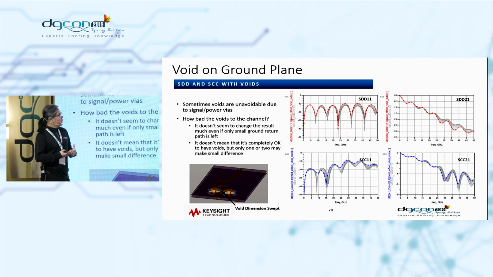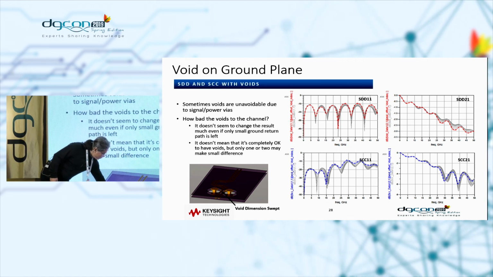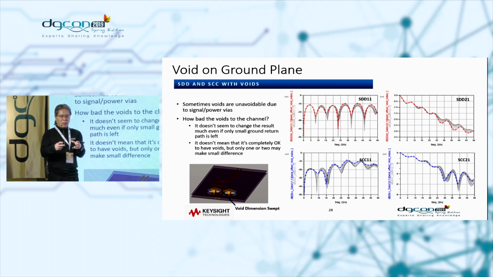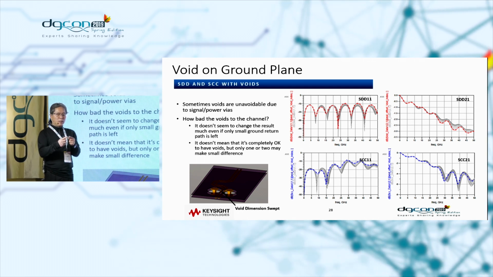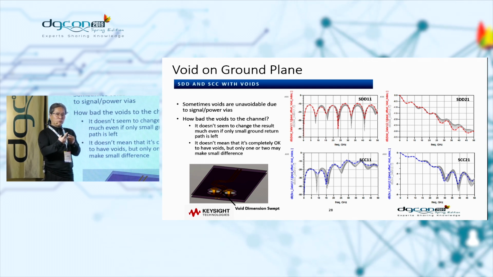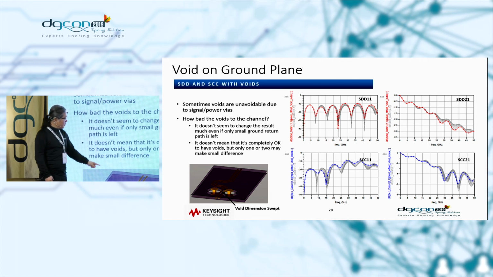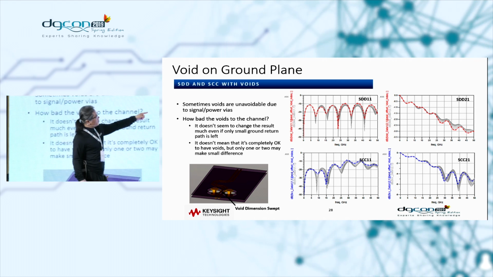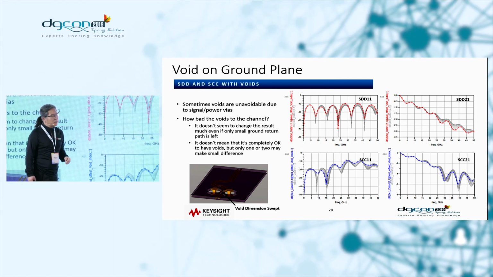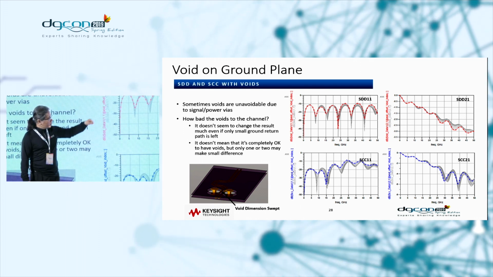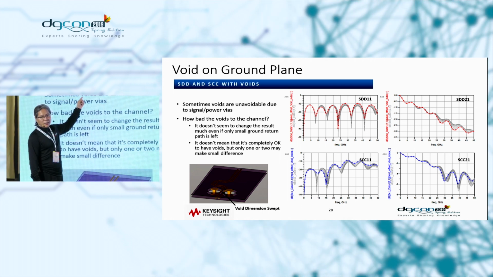If you look at this structure and what I did, I basically made the size of the via anti-pads larger and larger so that it eats up the ground return under those transmission line structures. Then you can see how much the impedance or the SDD transmission is fluctuating. But looking into it, it's not so bad.